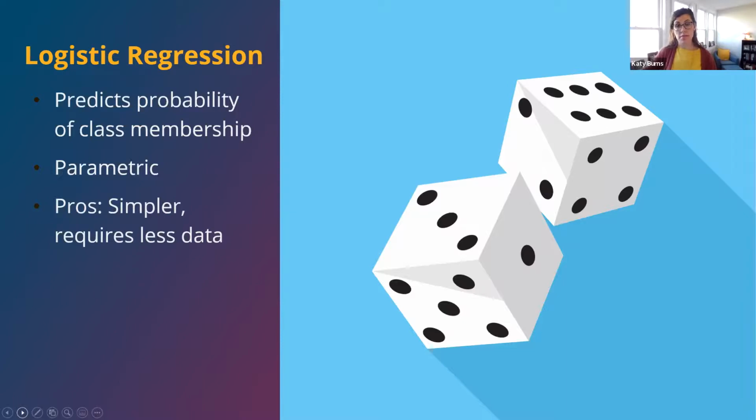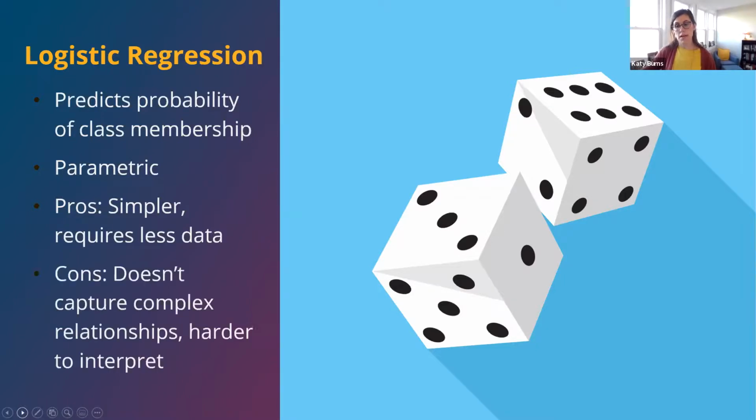And the benefits of this type of model is that it's pretty simple to train, it's fast, and it typically requires less data. But the downside is that it doesn't always do a great job capturing complex relationships, and the results are sometimes less intuitive to the untrained eye.